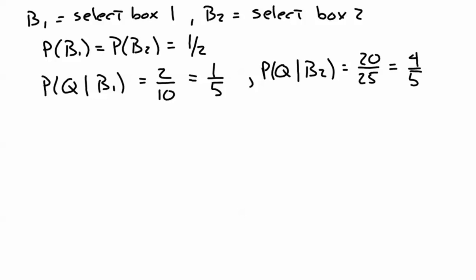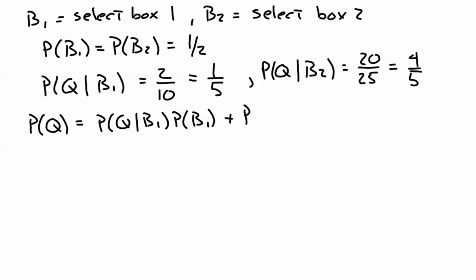So using total probability, the total probability of my selecting a quarter after this 2-stage experiment is the probability that I select a quarter given that I selected box 1 times the probability of selecting box 1, plus the probability that I select a quarter if I picked box 2 times the probability of picking box 2.